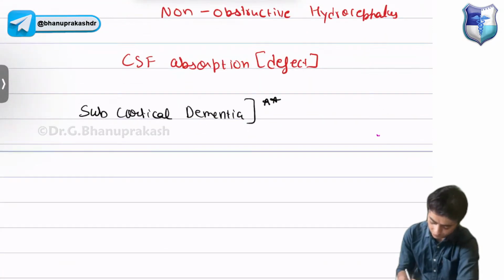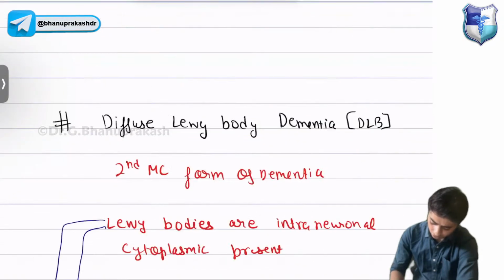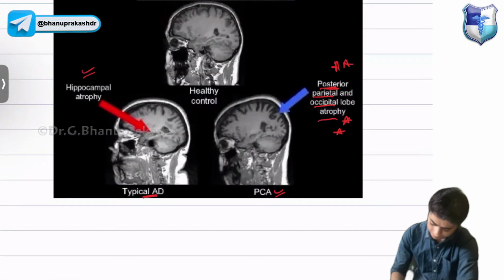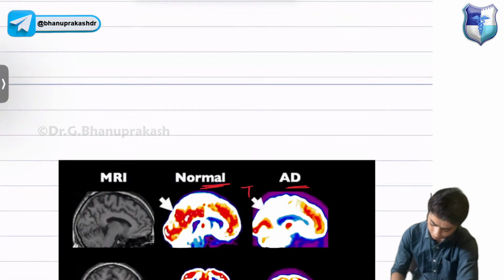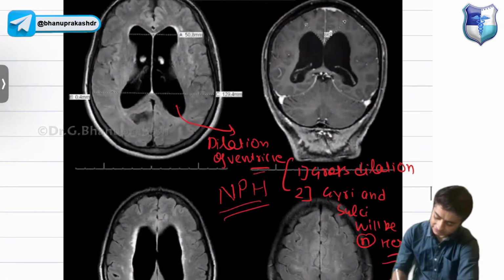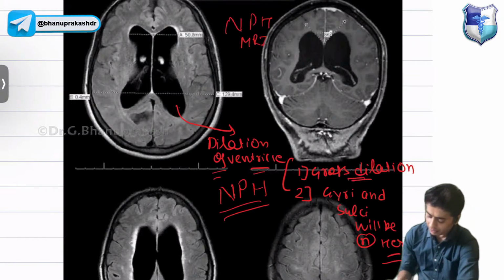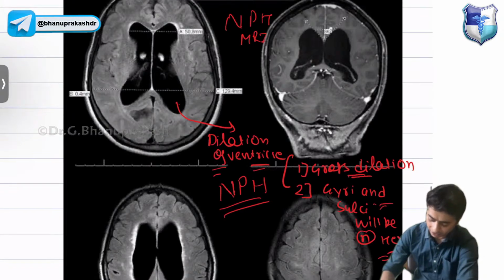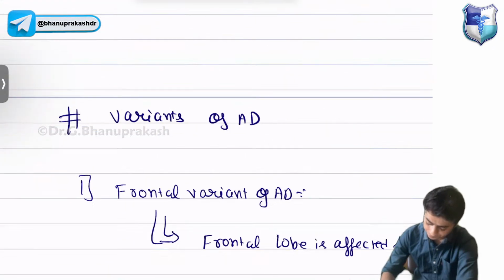And I have told you this MRI finding. See this, this is the NPH patient MRI, where there is gross dilatation of the ventricles, but gyri and sulci are normal here.